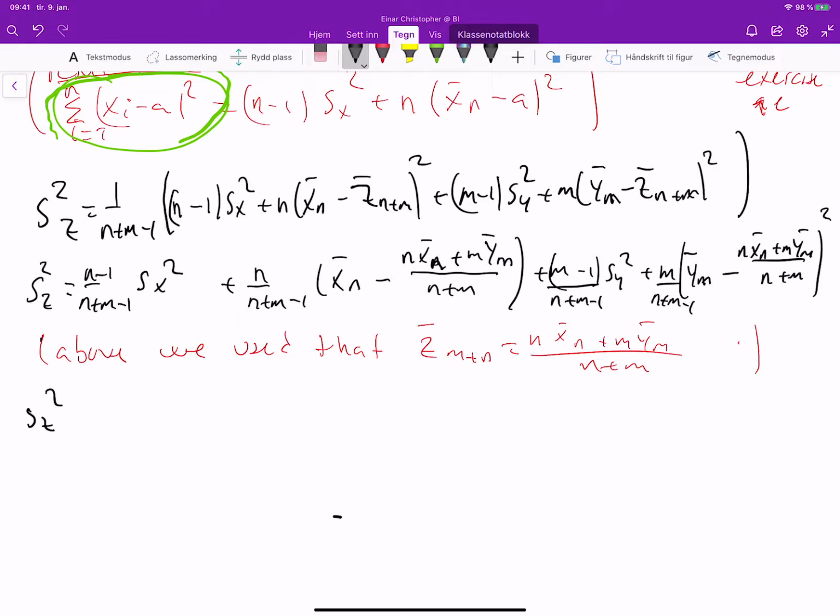So now we will do like this, n minus 1 divided on n plus m minus 1 as x in the power of 2 plus n over n plus m minus 1. Or actually I wanna just take this plus m minus 1 over n plus m minus 1. I can take this first, sy in the power of 2. And so then I just took this one here and this one there, and now I go take this one.